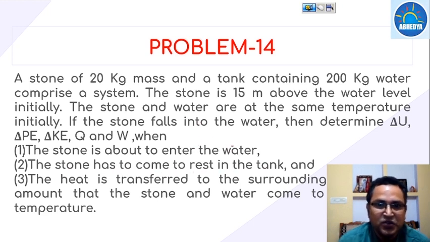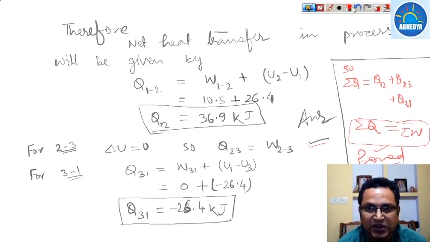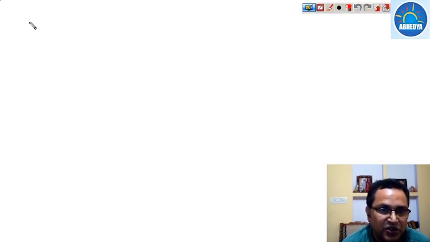I am just going to explain how to solve this one, because I am not doing the calculative part. You just do the calculation part of this problem. Question number 14.